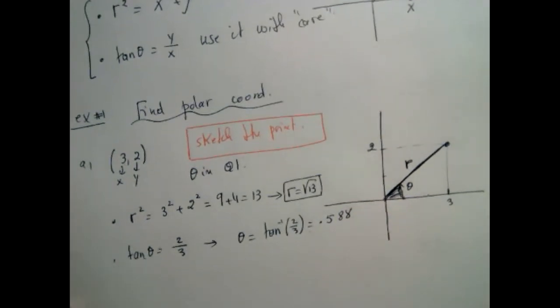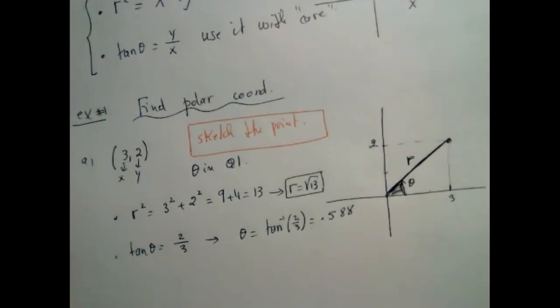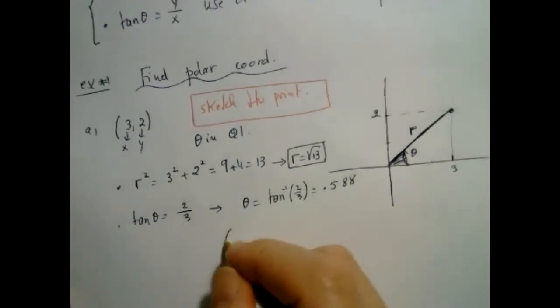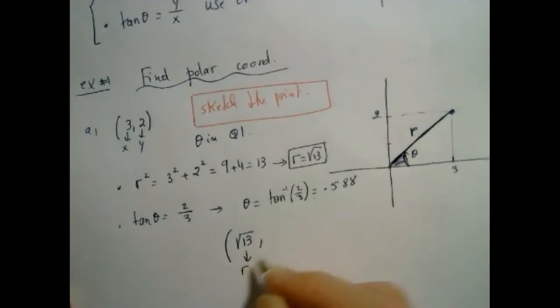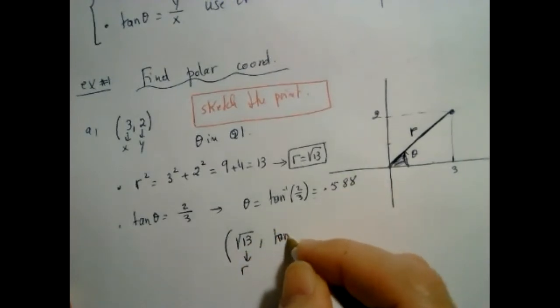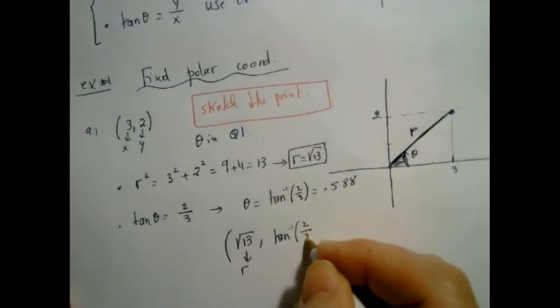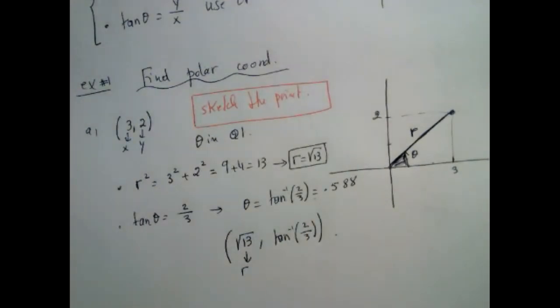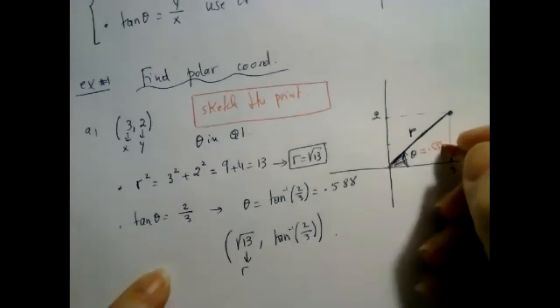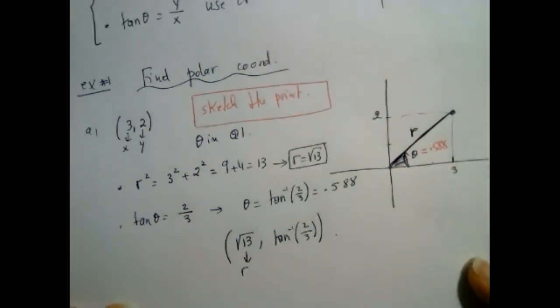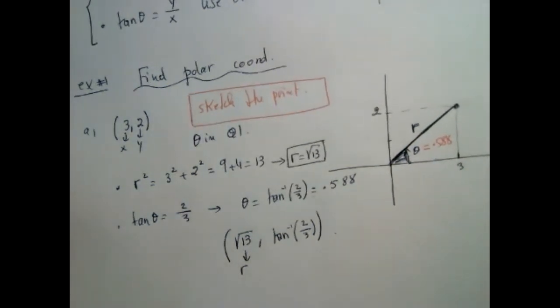Now a radian is almost 57 degrees, so this should be almost 30 degrees, 33 degrees or so. So in polar, my point is the square root of 13, that's the R, and the inverse tangent of 2/3.